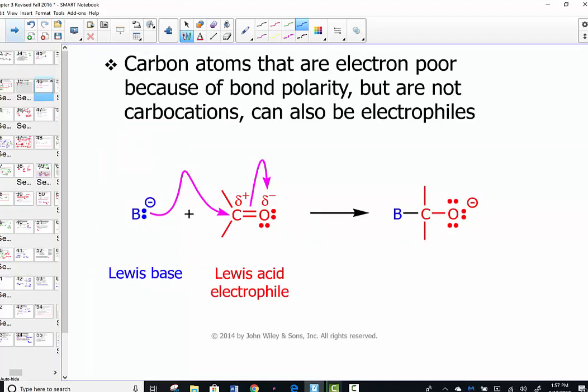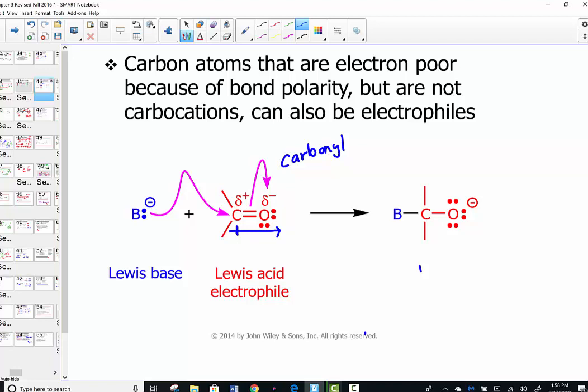There are other electrophiles other than just positively charged ions, and that has to do with electronegativity differences between polar bonds. Remember this functional group called a carbonyl, C double bond O? The electronegativity difference between the carbon and the oxygen is significant enough that the positive charge falls on the carbon.